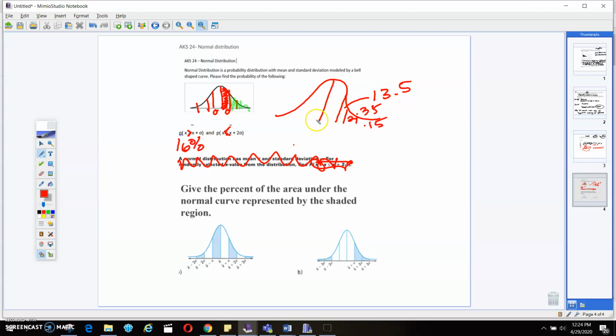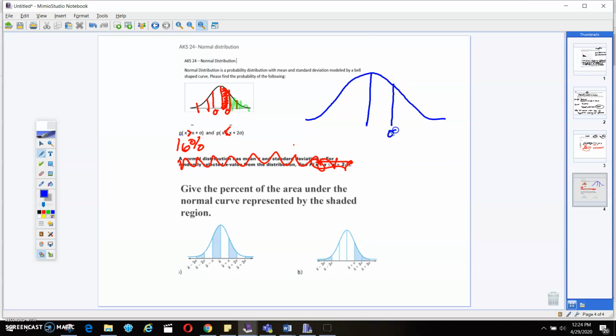Okay, so over here, it is 2 standard deviations above, and we want everything that's below that. I'm going to draw a better normal distribution curve. So we've got a normal distribution curve, and we've got 1 standard deviation away, and then 2 standard deviations away.